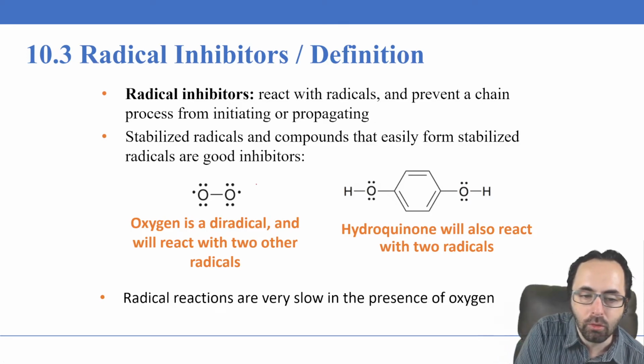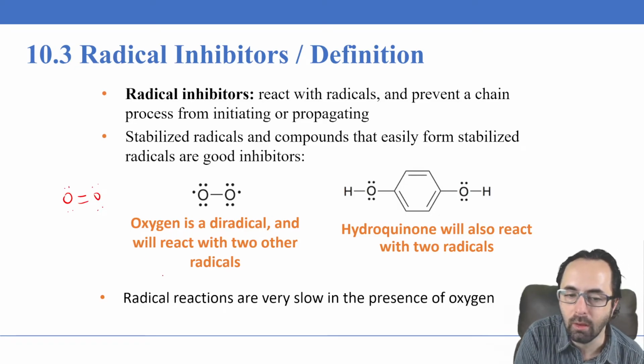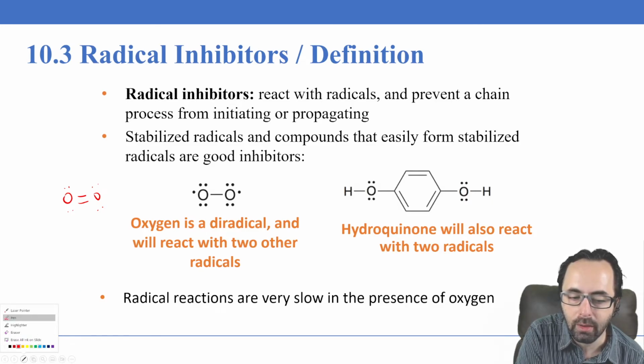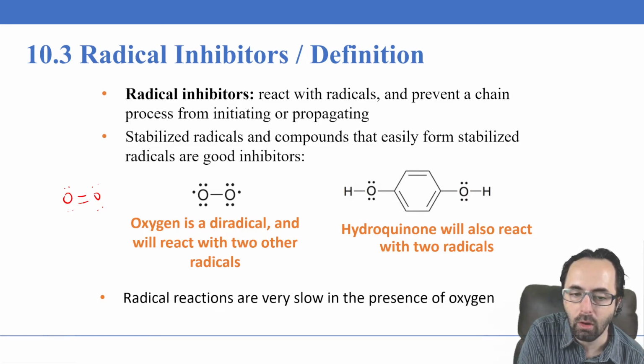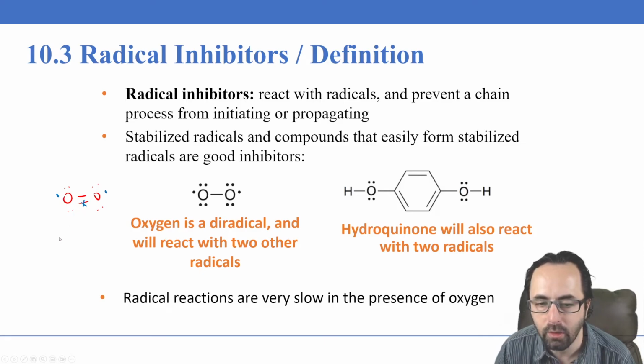So usually we draw the Lewis structure of our oxygen like this. But as we've talked about before, oxygen really loves electrons. So another way we could do this is instead of drawing this bond right here, we can get rid of this and just show it as one of the electrons each being on one oxygen. This is referred to as a diradical.